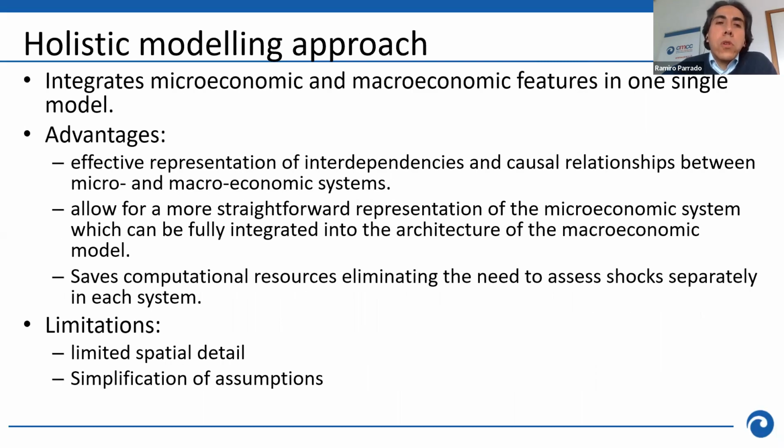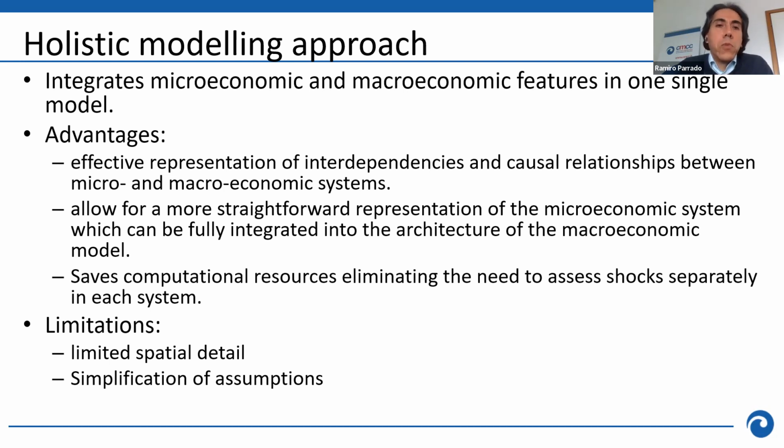So when we talk about linking modeling, there are at least two big approaches. The first one is the holistic modeling approach. This approach seeks to integrate microeconomic and macroeconomic features in one single model. The advantage of this approach is that there's an effective representation of interdependencies and causal relationships between the micro and the macroeconomic systems.